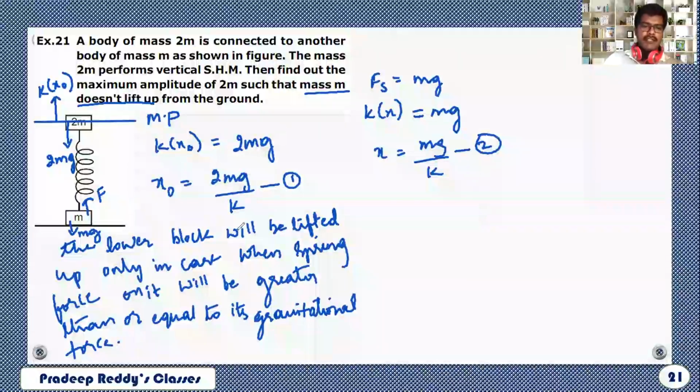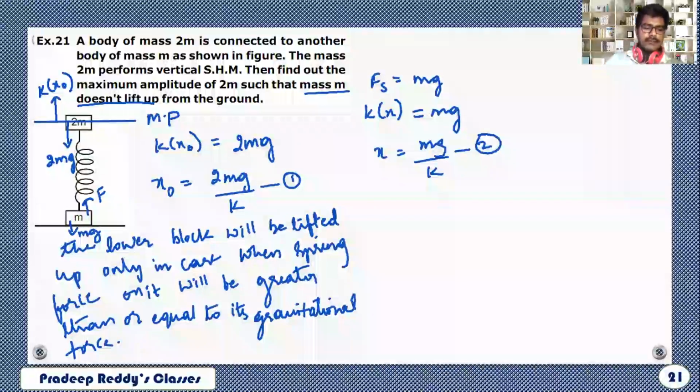Now there comes another situation. If you are lifting this 2m mass in upward direction, the first situation is that when the applied force on this mass m is greater than gravitational force, then m will be lifted up. That is one situation.